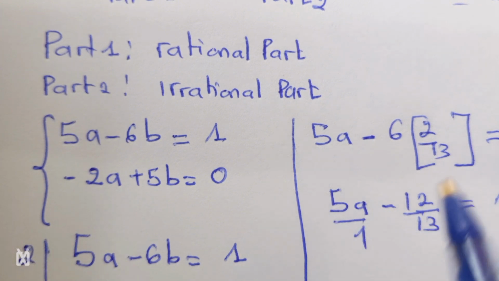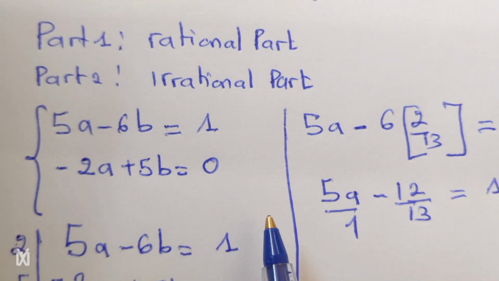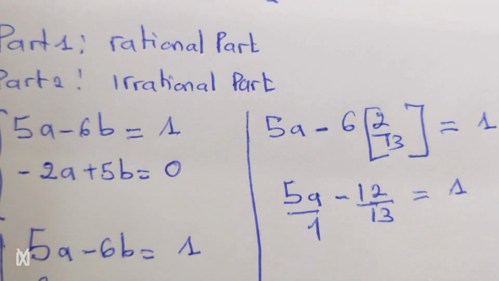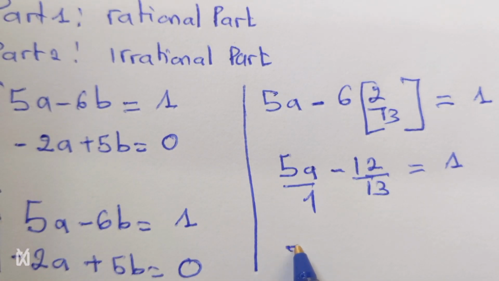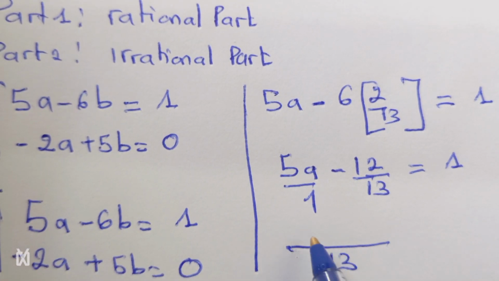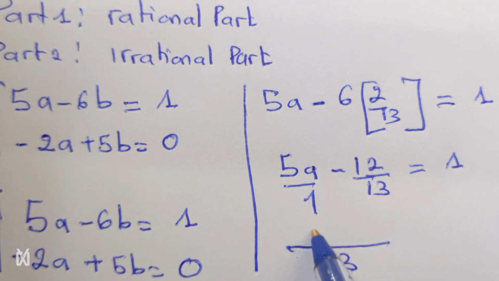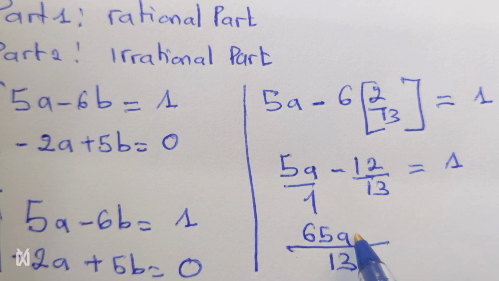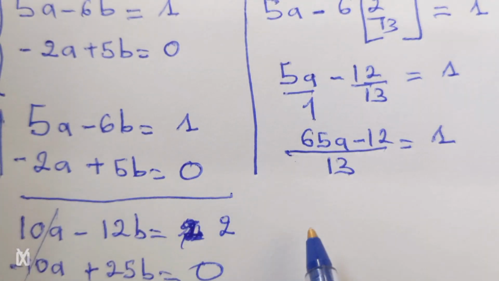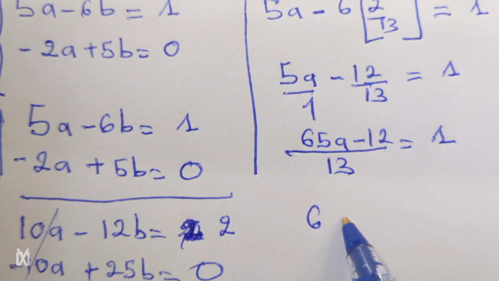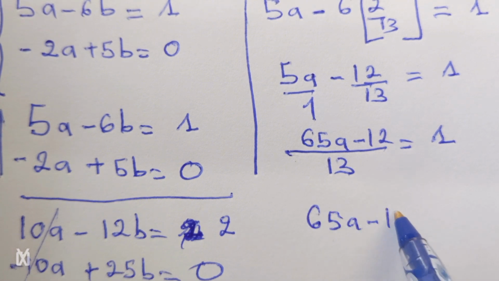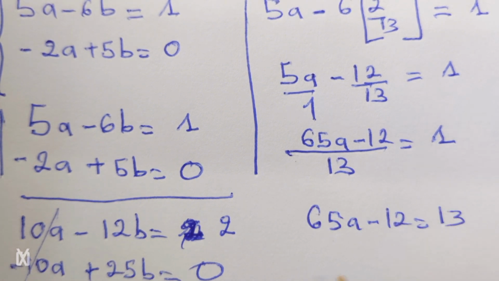Now the common denominator is 13, and 13 divided by 1 is 13, then times 5 is 65a, then minus 12, which is equal to 13.